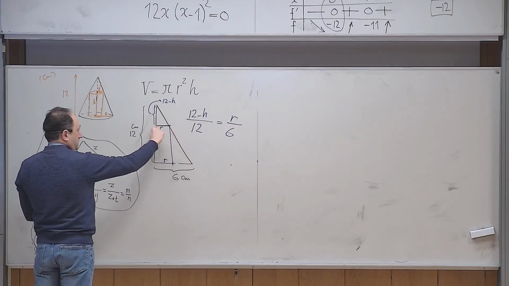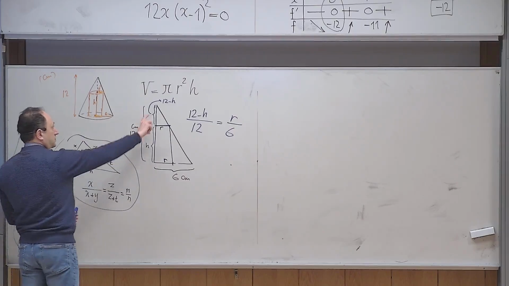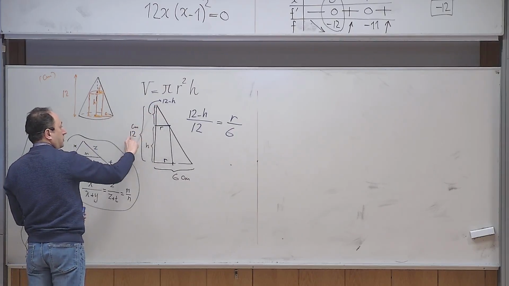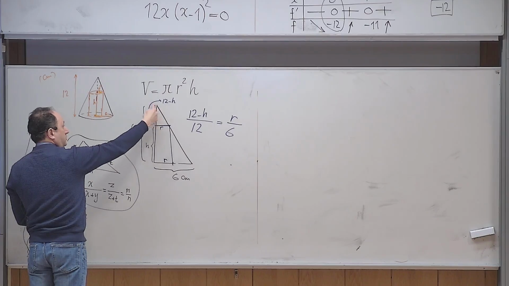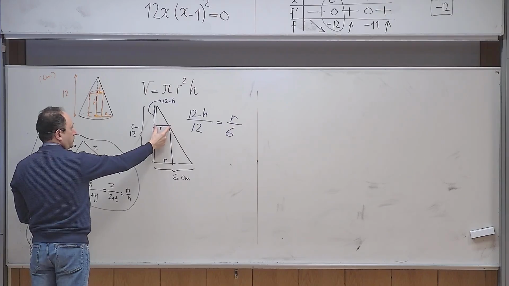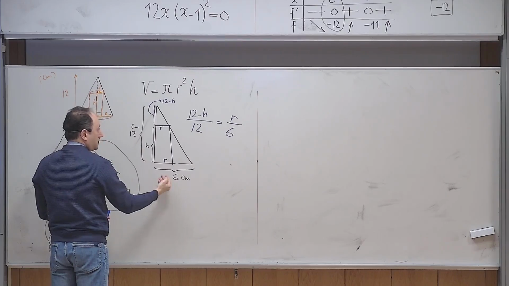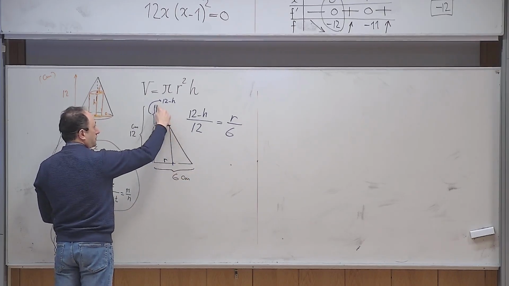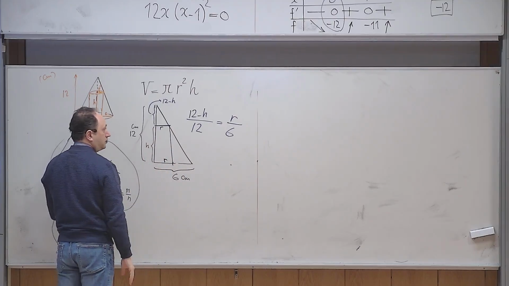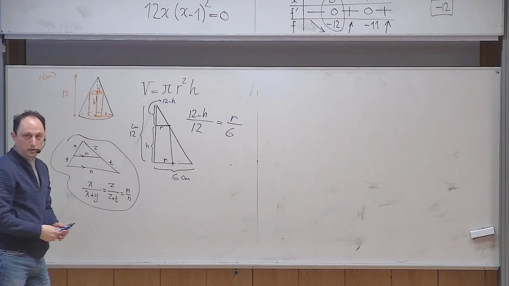And of course, this is parallel to this one. Yes? So I can use this theorem. I can say that this length is 12 minus h divided by the whole length, which is 12, is equal to this length, which is r, divided by the whole length, which is 6. It is also equal to this one to the whole thing, but I don't have any information regarding those, and I don't need them because I need this only.